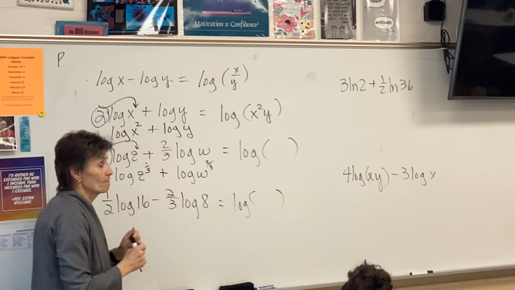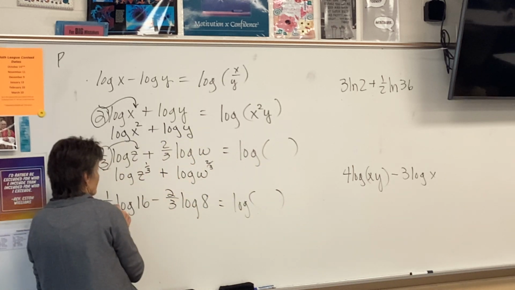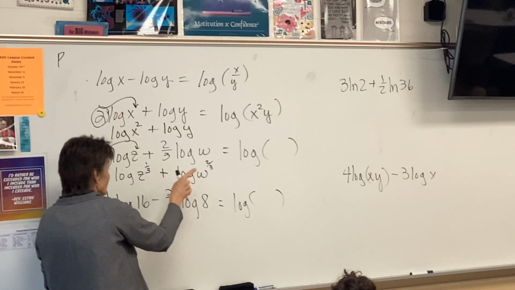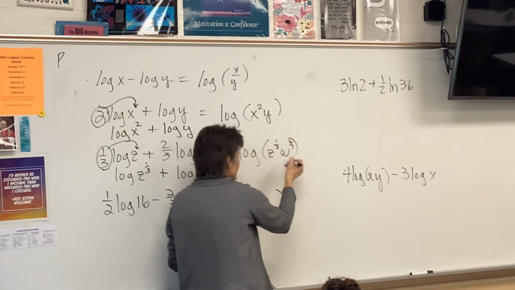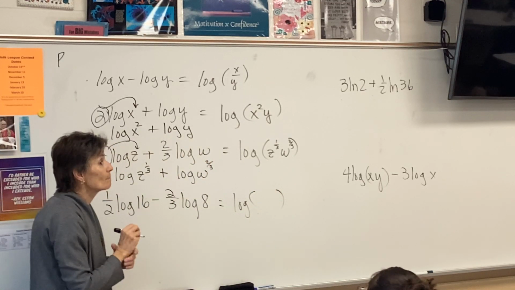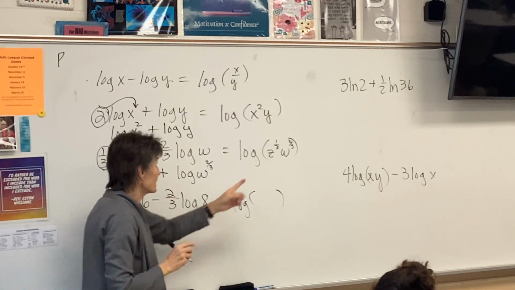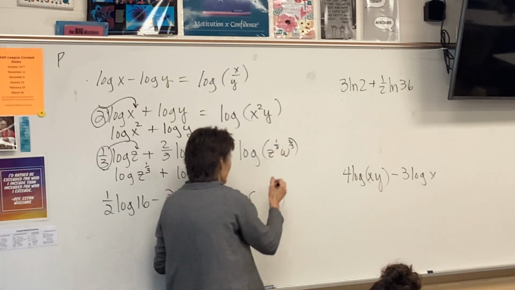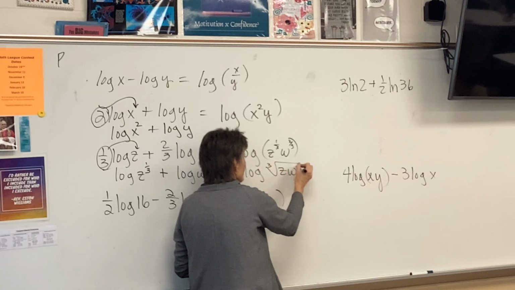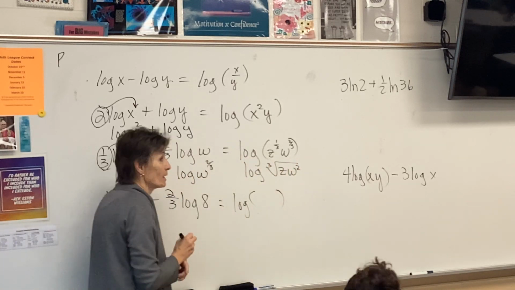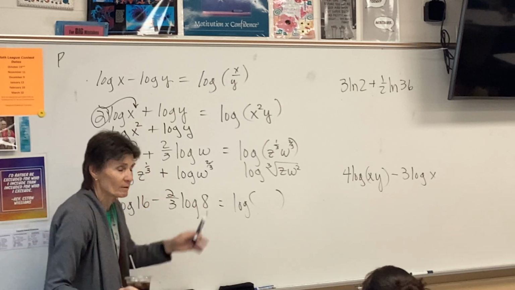What is going to be inside the parentheses? That's a plus. z to the 1/3 and w to the 2/3. Yep, z to the 1/3, w to the 2/3. They get multiplied. Could you put that as a cube root? You absolutely could. These denominators match, so you could rewrite that as the cube root of z w squared. Absolutely you can. It would not be a requirement, but it is actually fine.